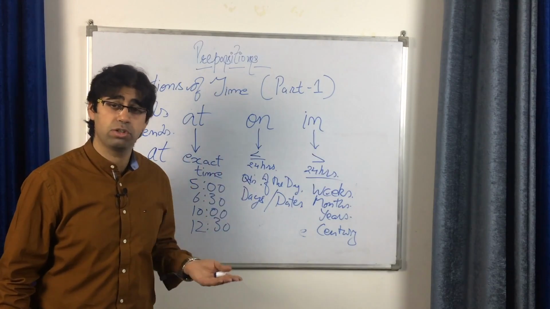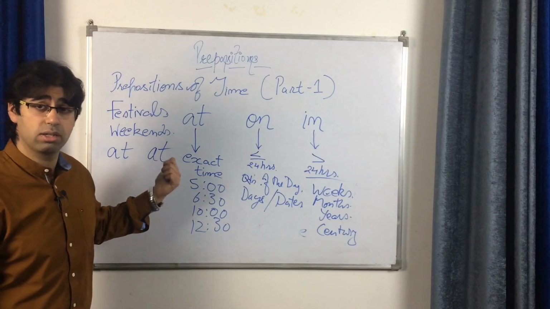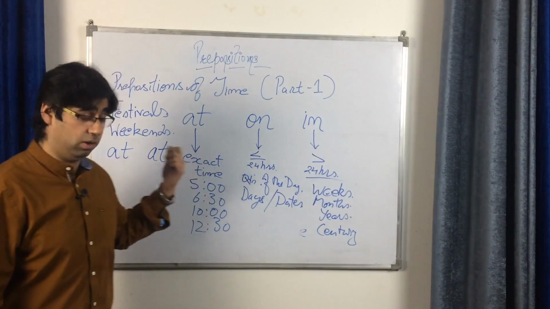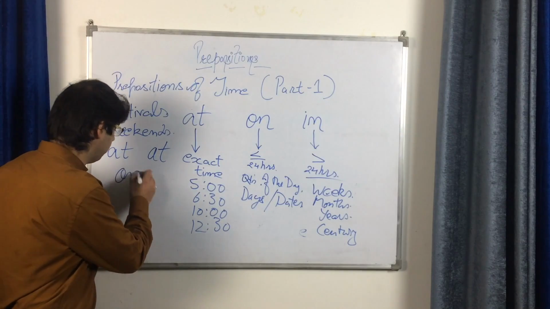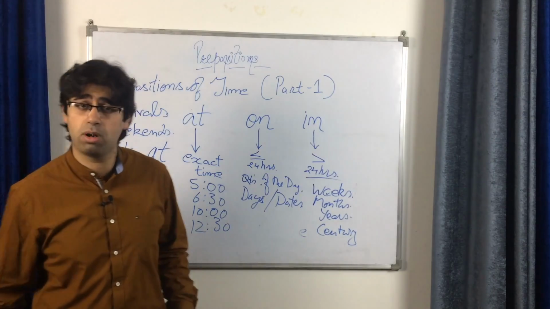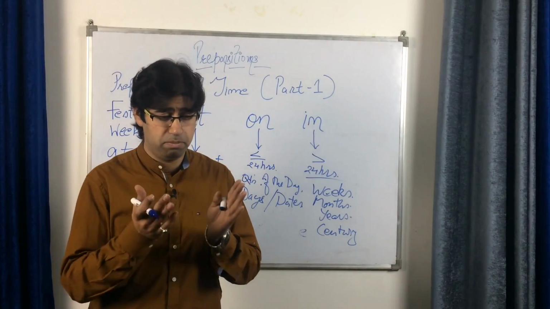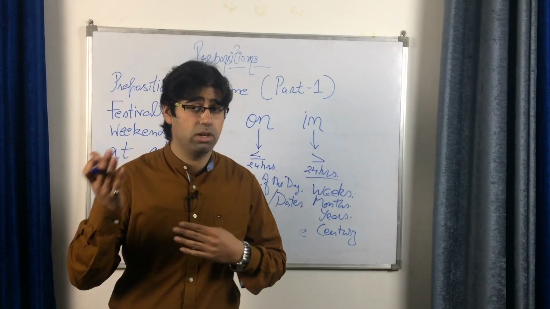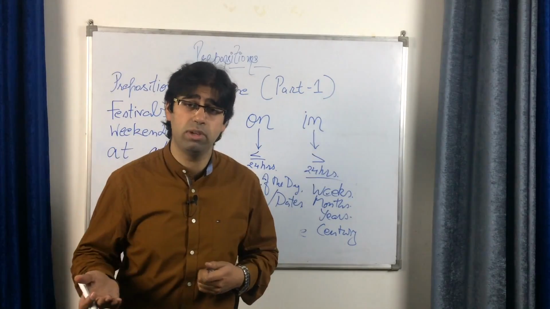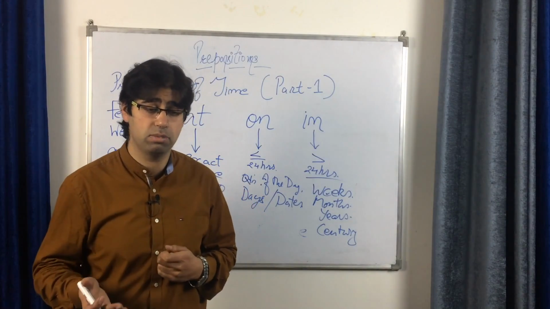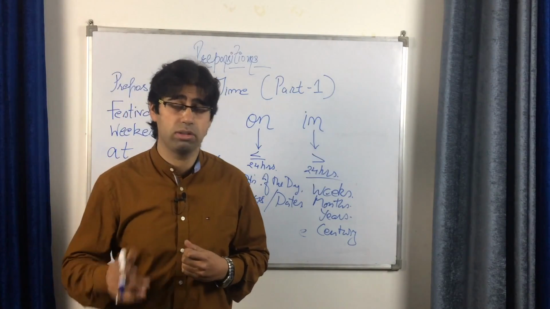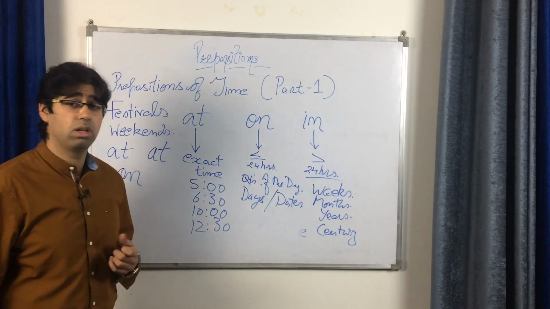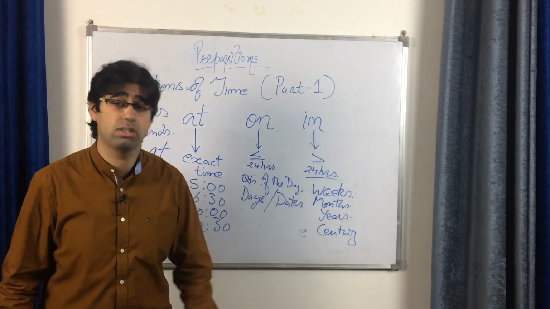According to the grammar in British English, you use at with weekends, whereas American English utilizes on with weekends. So if you hear somebody saying on the weekends, probably they're not wrong, but maybe they're American, or you're watching an American show or an American movie or something like that. If an American person says on the weekend, they're not wrong, they're just following American grammar, whereas at the weekend is what any British person would say to you.